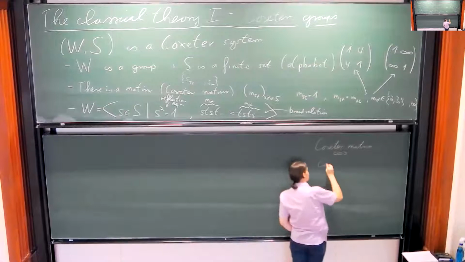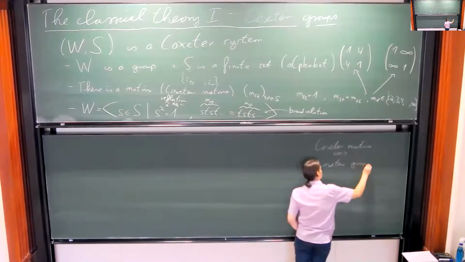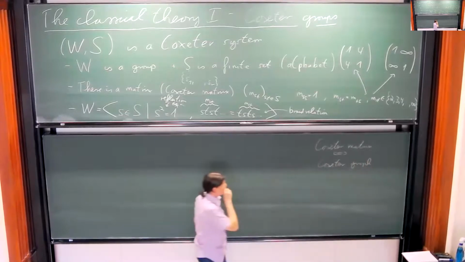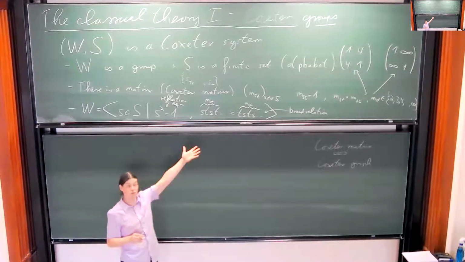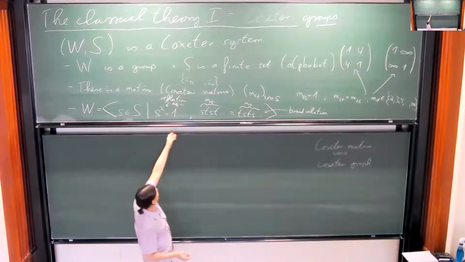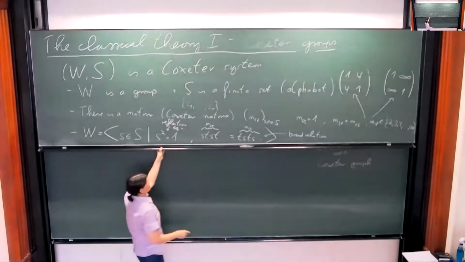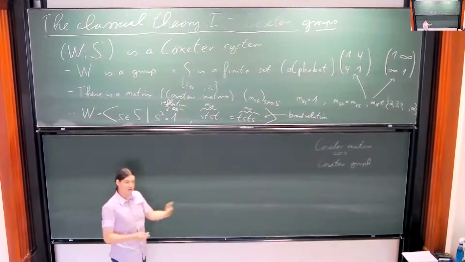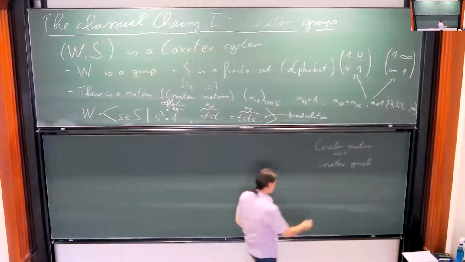And I will explain in a second what this is. What is a Coxeter graph? Well, the matrix has a certain size, right? It's 2 by 2 upstairs in my example, n by n in general, or r by r in general, depending on the number of elements in S. So I just draw a graph where my vertices are indexed by S. Okay?